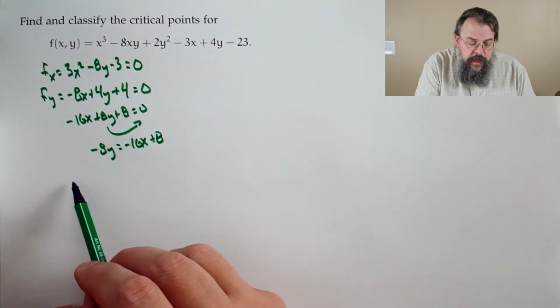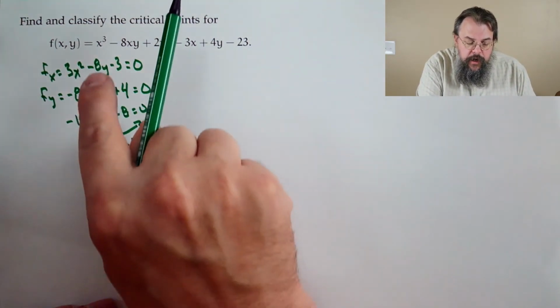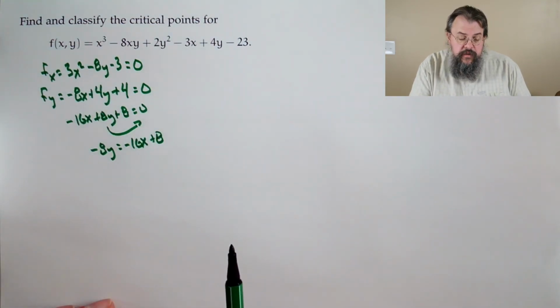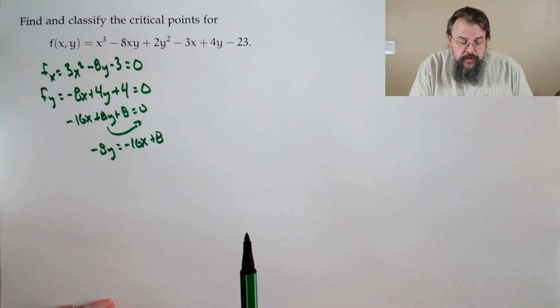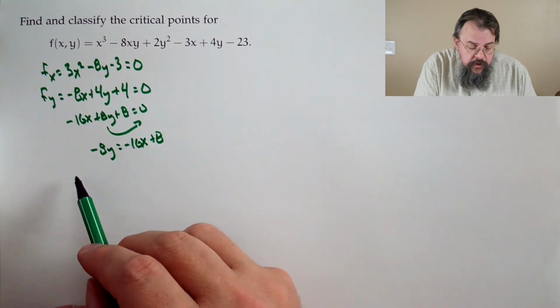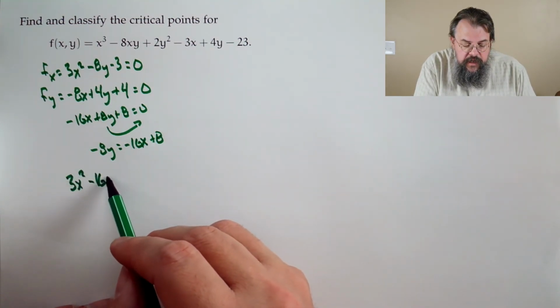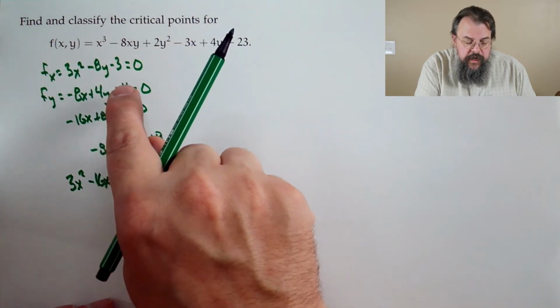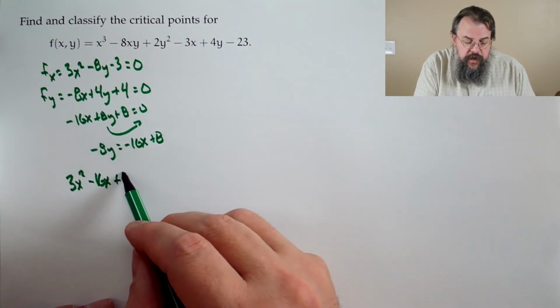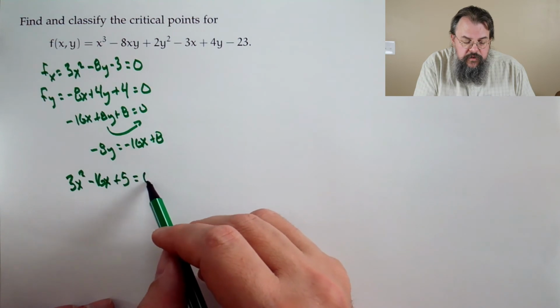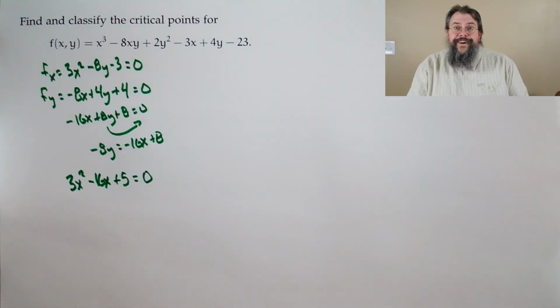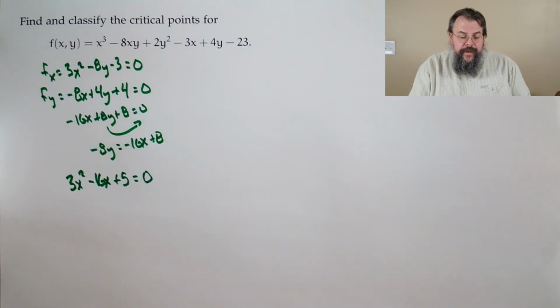So we can now replace minus 8y by minus 16x plus 8. So we say, okay, so that would be 3x squared minus 16x plus 8 minus 3 makes plus 5 equals 0. All right, well, that's looking pretty promising.